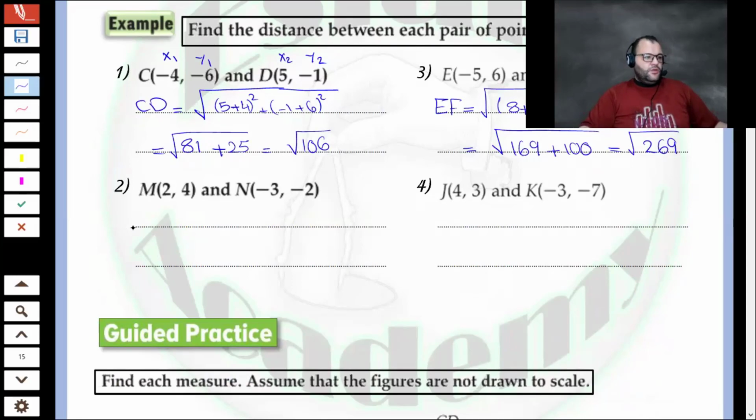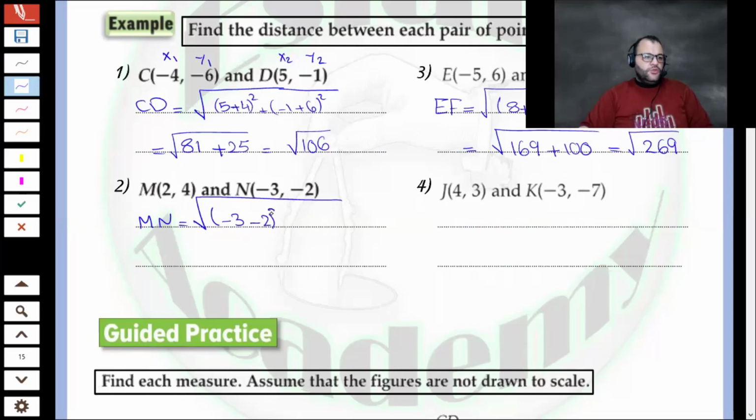MN is equal to the square root of negative 3 minus negative 2... the formula is minus, so when this one is minus negative 2, it will be plus 2.